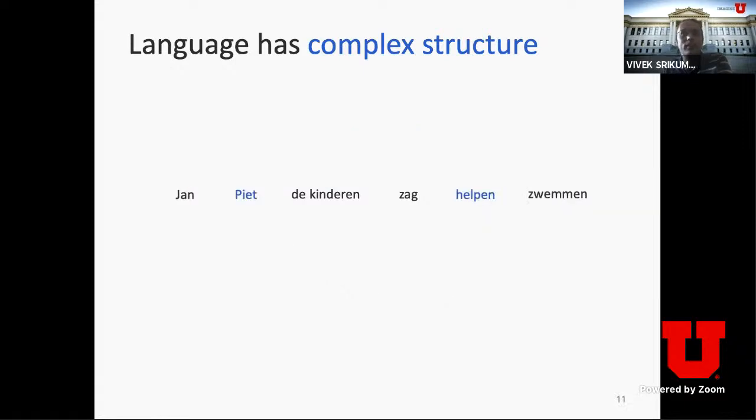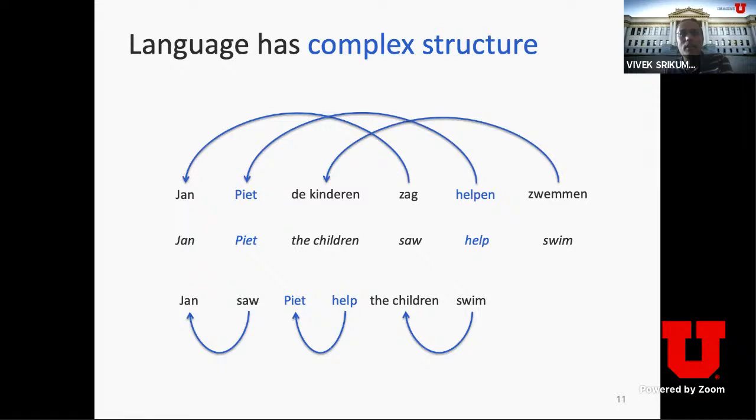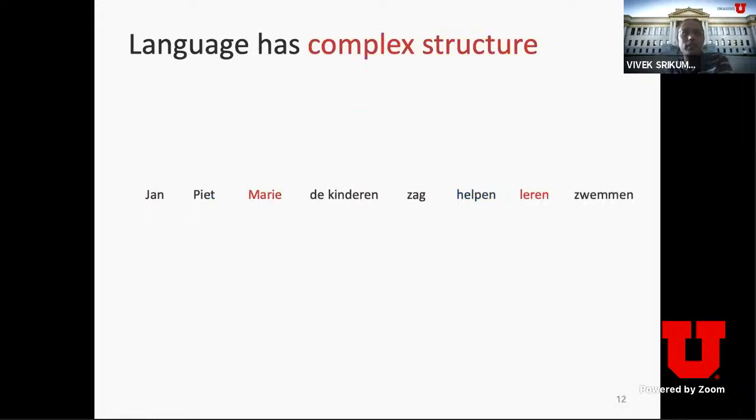Okay, let's add another character. Let's add Pete. This sentence means Jan saw Pete help the children swim. In Dutch, it's Jan, Pete, the children saw, help swim. You just have to remember the order in which the nouns show up, and then when the verbs show up, you have to start matching. Okay, three things might be easy. Let's introduce Marie.